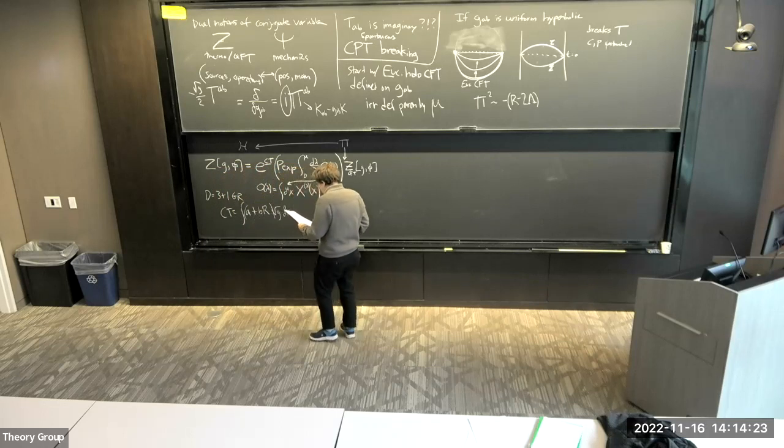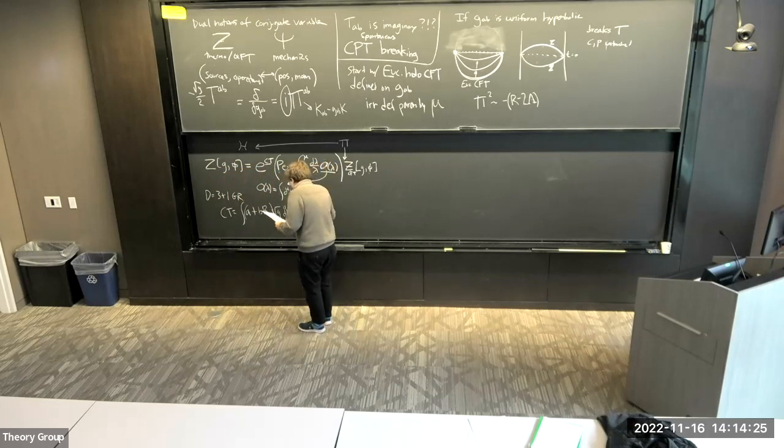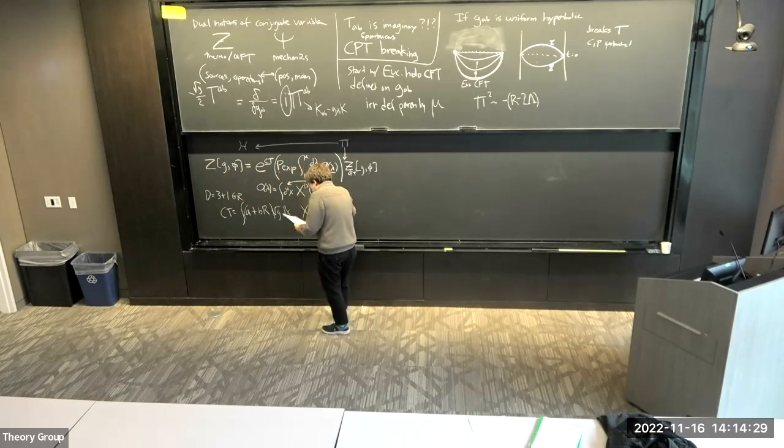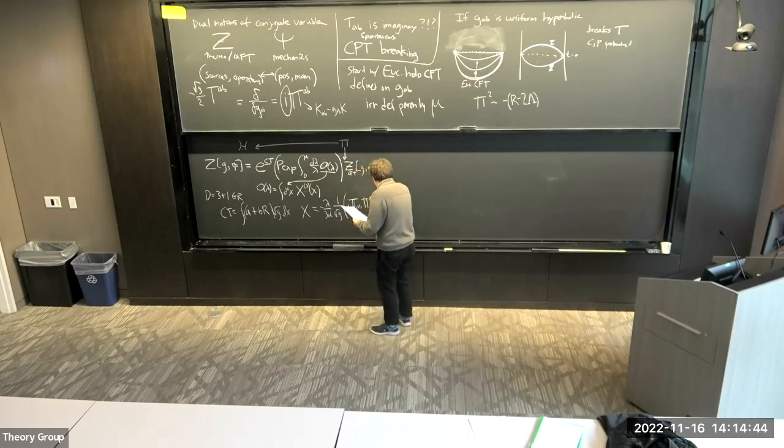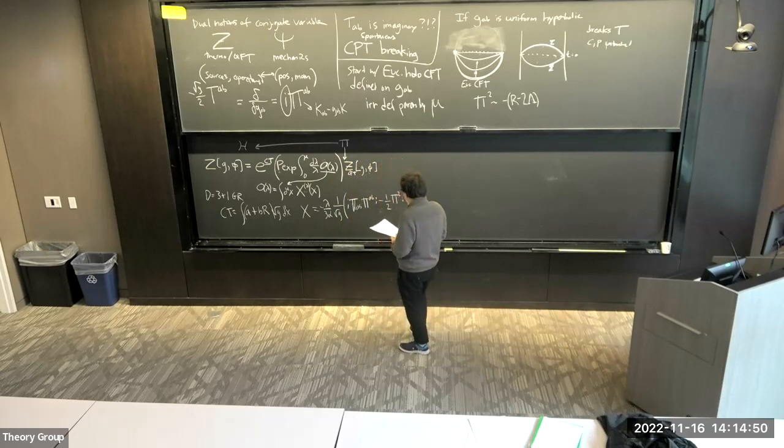And the X deformation is something that is quadratic in the stress tensor. This looks like the kinetic part of the Hamiltonian constraint.